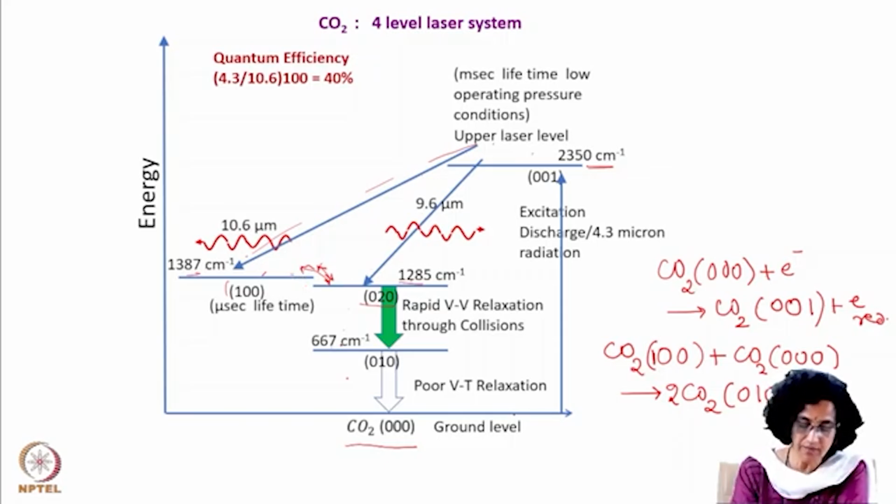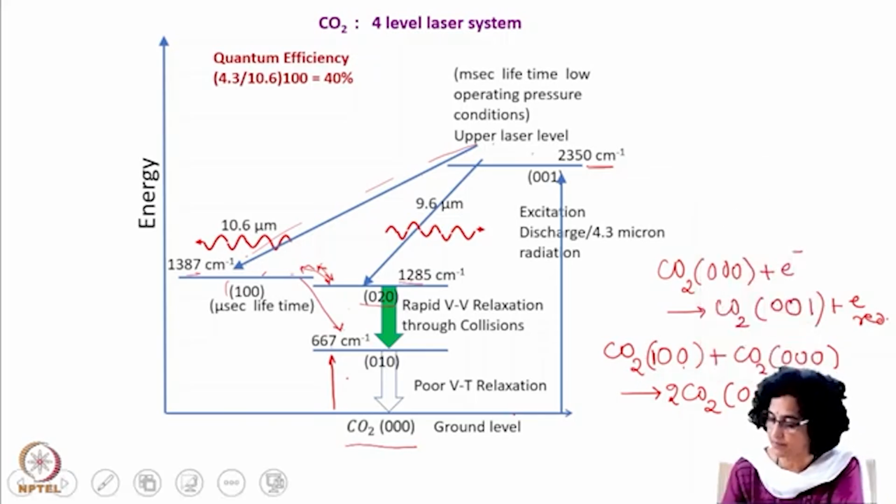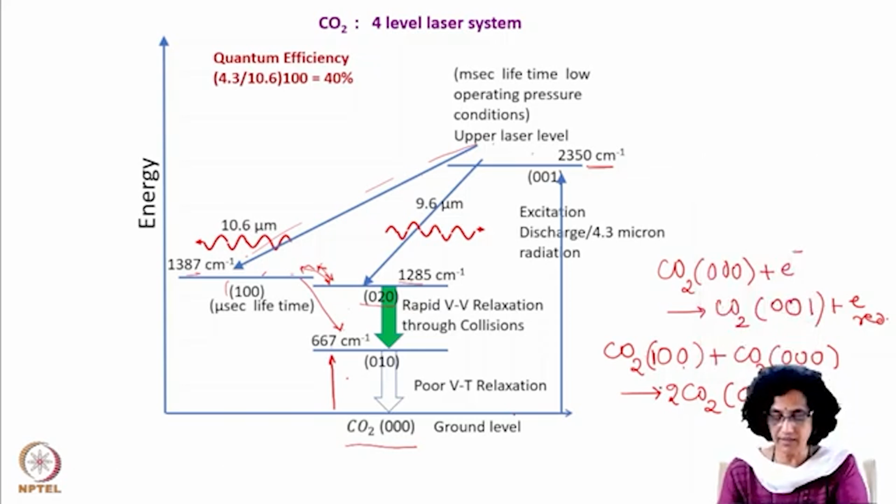So by colliding with a molecule in the ground level, one can be raised to the 010 level, and this one can come down to the 010 level. So what you see is that when CO2 100 collides with a ground level molecule, it results in two molecules in the 010 level.